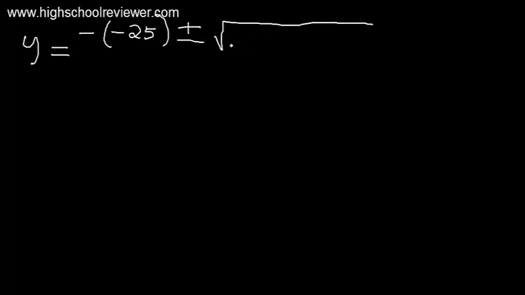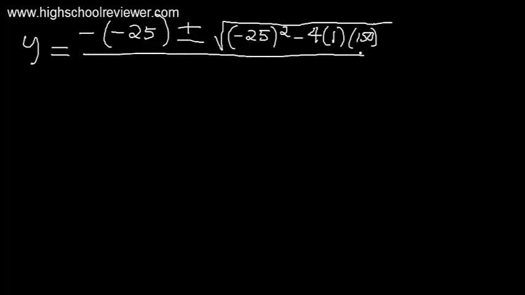Okay, so let us continue. Let us rewrite that. So again, we have y equals negative times negative 25 plus minus the square root of negative 25 raised to the power of 2 minus 4 multiplied by 1 by 150. And this will be divided by 2 times 1.